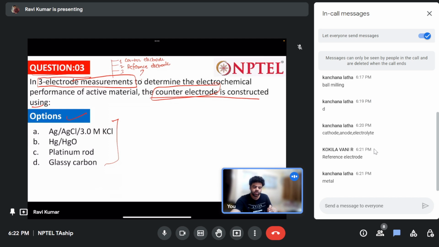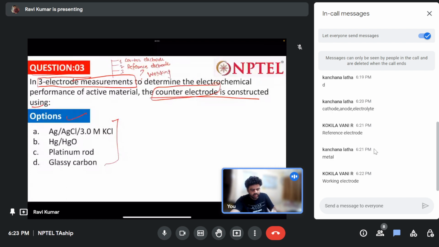Metal. So are you saying the counter electrode is constructed using metal? I think yes. Okay, it's fine. The name of the third electrode? Working electrode.